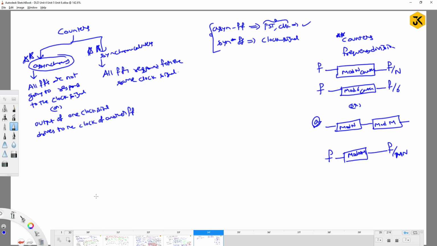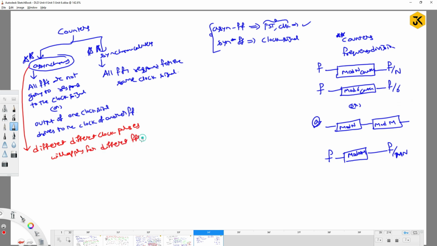So the meaning is, if I try to represent it in some simple format, asynchronous means, in our understandable terminology, we are going to apply different clock pulses for different flip-flops.